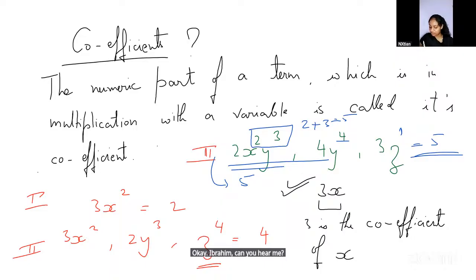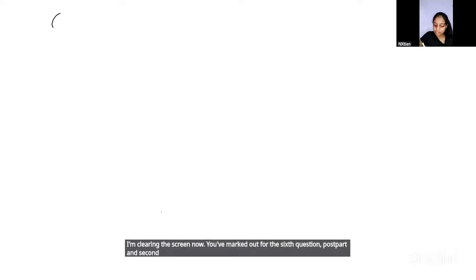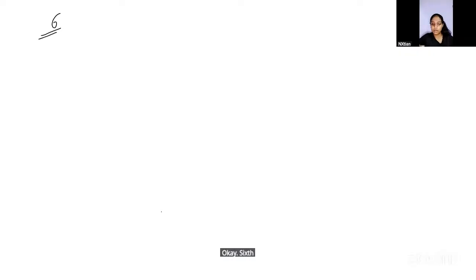I'm clearing the screen now. You've marked out for the sixth question, first part and second part. I'll just quickly do it with you. The sixth question was: find the product, that is multiplication.